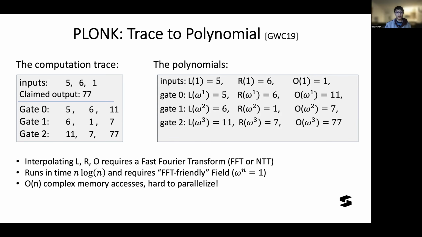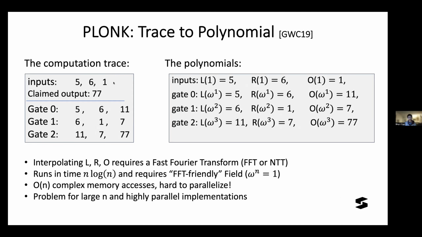Plonk is really useful and widely used because FFT only involves field operations, which are much more efficient than group exponentiations. However, FFT is quasi-linear, so when n keeps growing, this becomes a problem. For example, when n comes to 2 to the 20, it becomes a significant part of the cost; at 2 to the 30, it's even more significant and might become a bottleneck. It also hinders hardware optimization because it's very hard to parallelize.